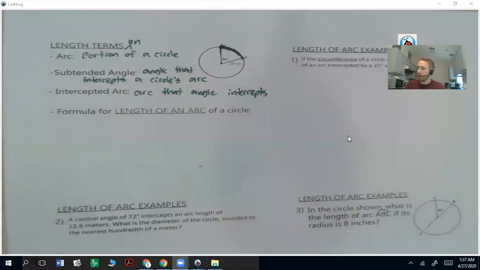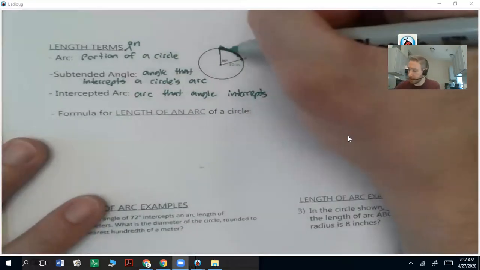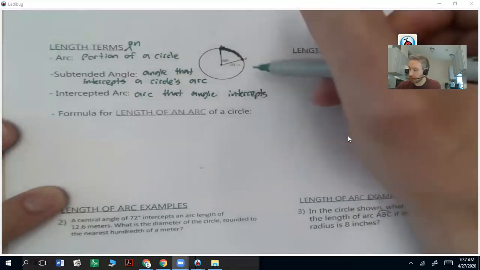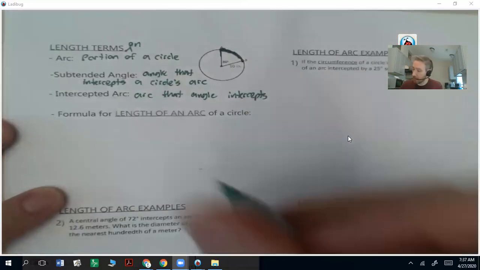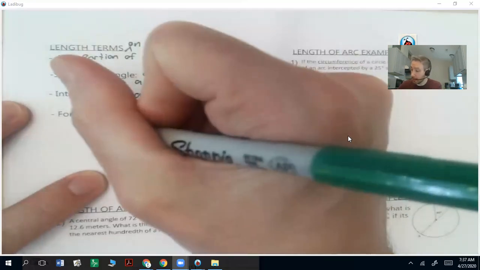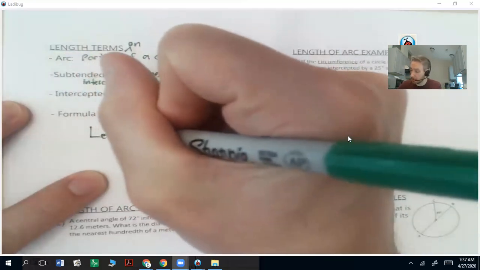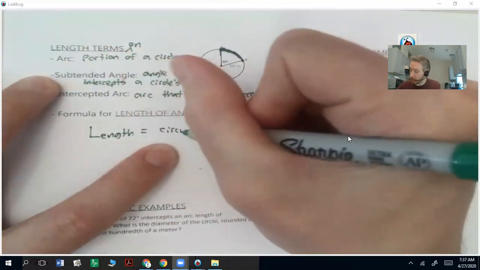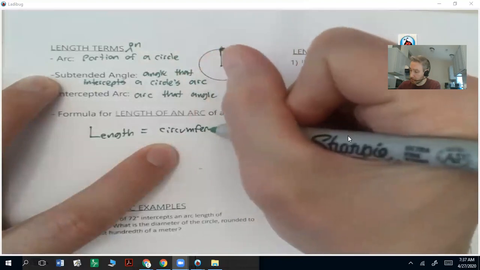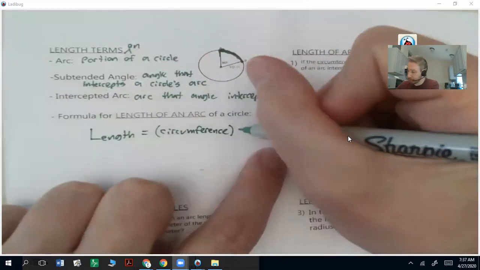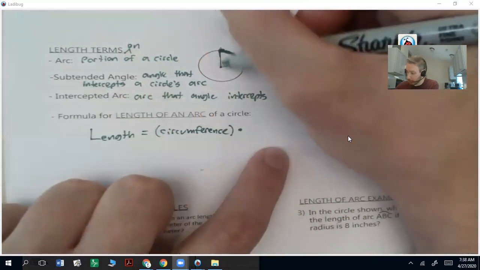So we're going to be talking about a formula. It's much related to the circumference. Remember, circumference is the distance around. So circumference would be 2 pi r. So the length, which we call length, is basically equal to the circumference times the degree of the central angle.